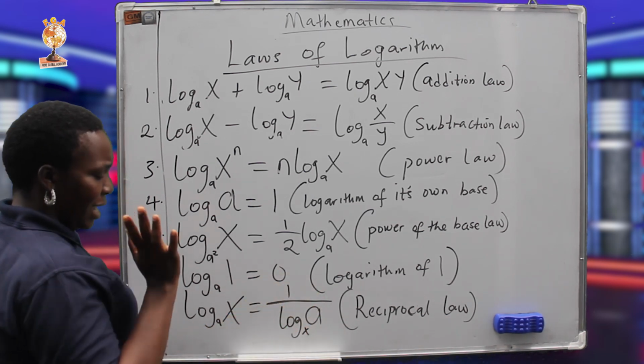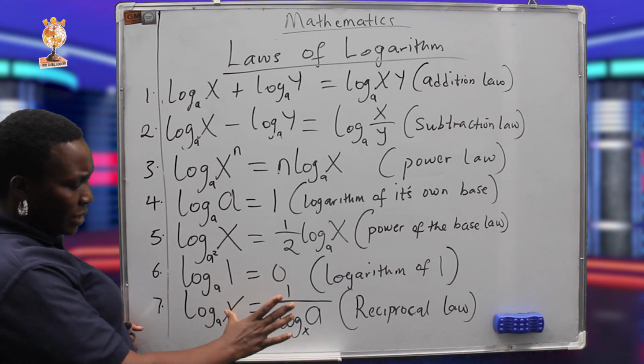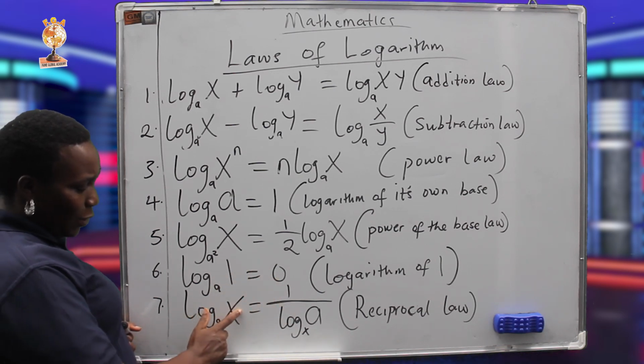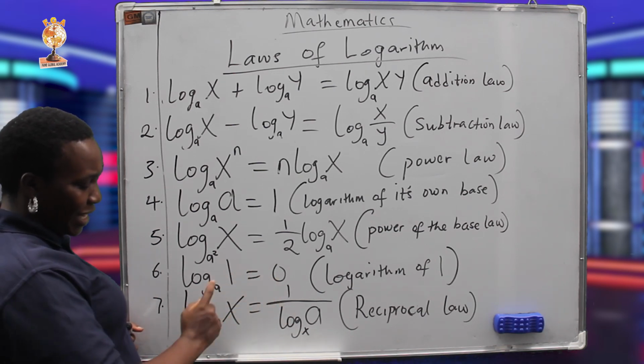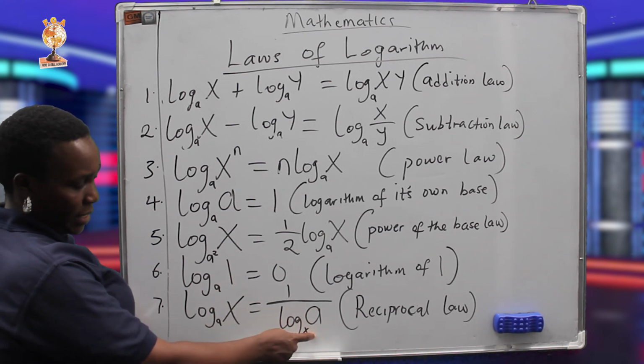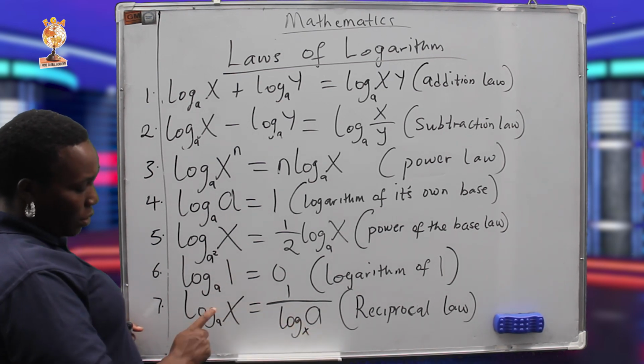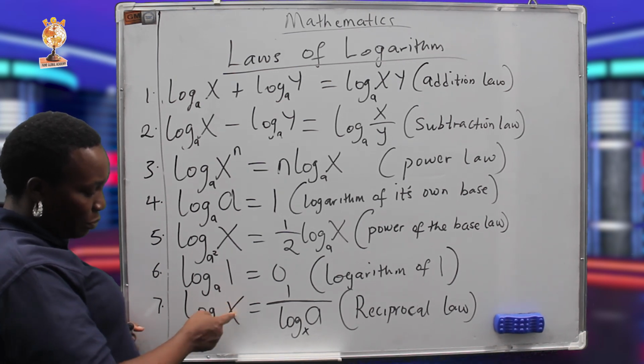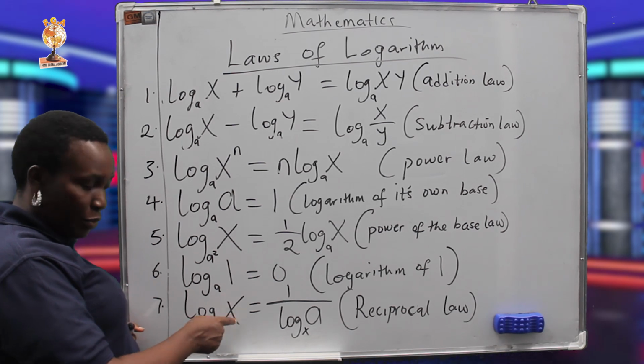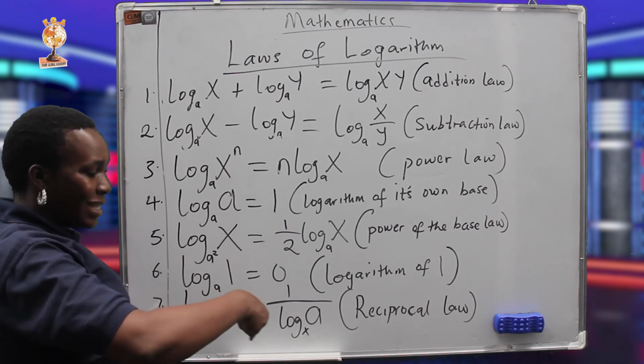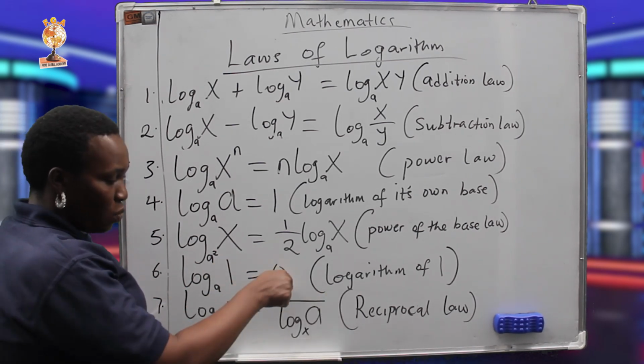Now if you check very well, what is happening here is the logarithm and its base are being interchanged. Here is log x base a. For this x to be the base and this a to be the logarithm, you have to get the inverse of it, which is 1 over.